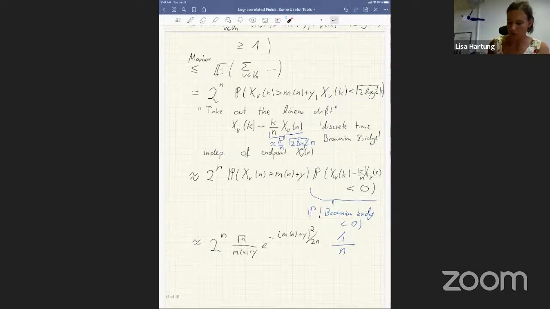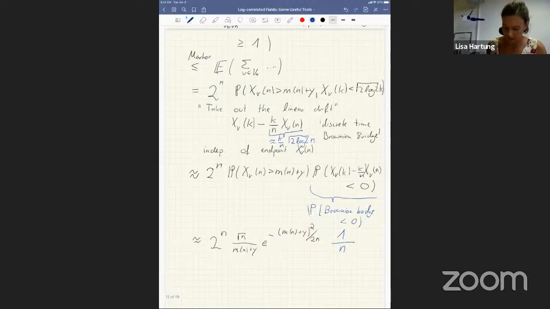And now if we recall from yesterday, we saw that we had to create a logarithmic term in the order of the maximum to kill this prefactor. This prefactor over here, right? This over here is roughly 1 over square root of n.